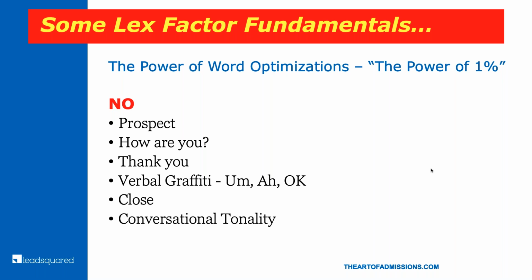But if you give micro attention to them and you address this 1%, this 1%, this 1%, say, for example, you just address three 1%s, maybe you have a 9% increase in contact rate. Maybe you have an 11% increase in appointment setting rate. Maybe you have a 13% increase in show rate, just addressing these power 1%s.